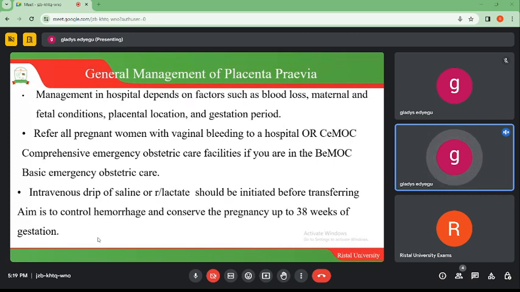Then intravenous drip of saline lactate should be initiated before transferring these mothers. So immediately before you send her off from your facility, make sure that you introduce an intravenous line and put fluids to help this mother and the baby. She's losing blood.